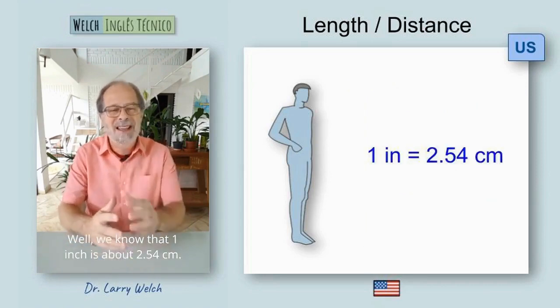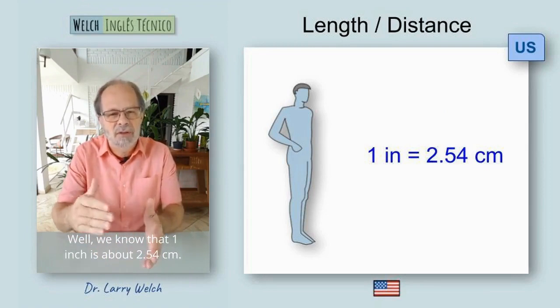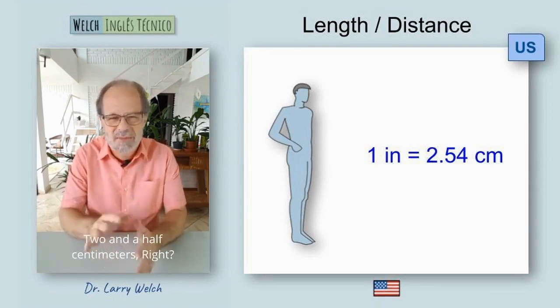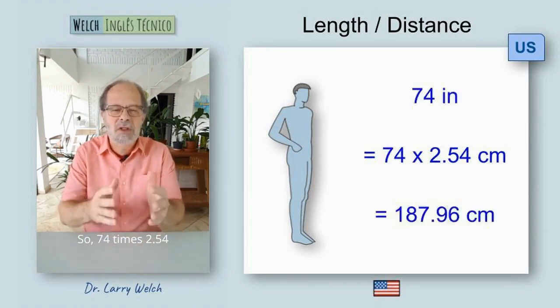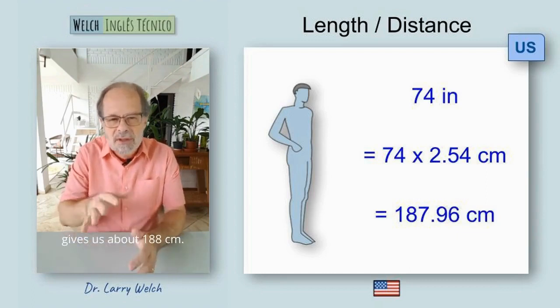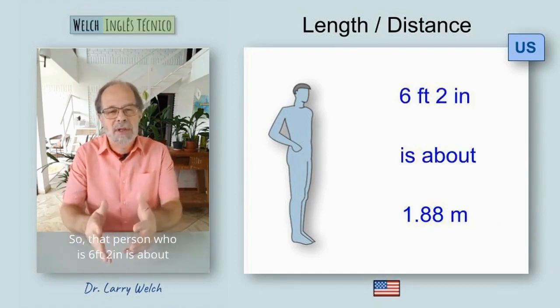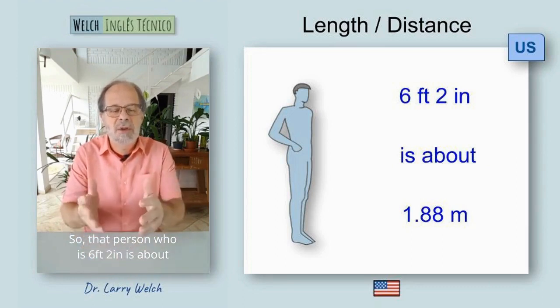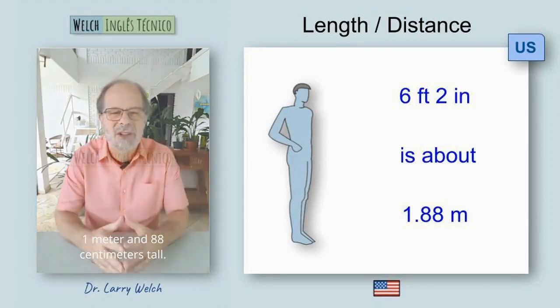Well, we know that 1 inch is about 2.54 centimeters, 2.5 centimeters, right? So 74 times 2.54 gives us about 188 centimeters. So that person who is 6 feet 2 inches is about 1 meter and 88 centimeters tall.